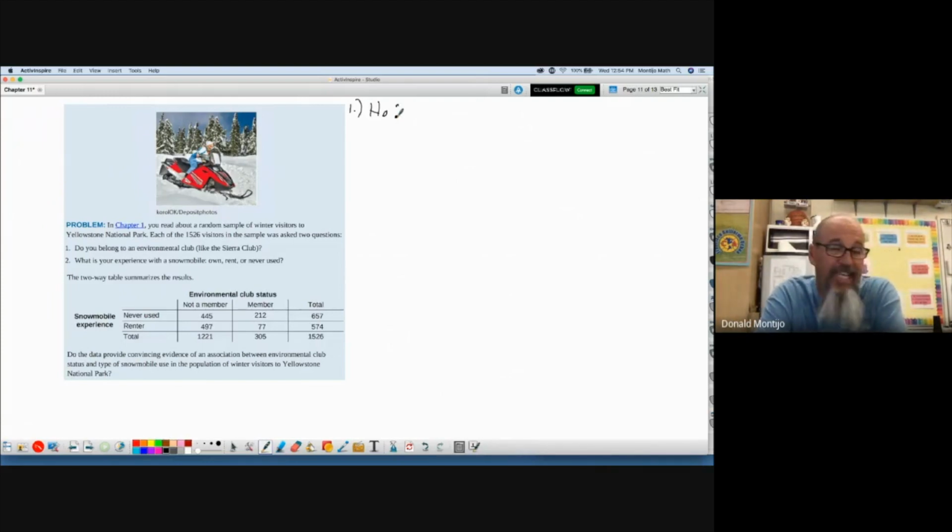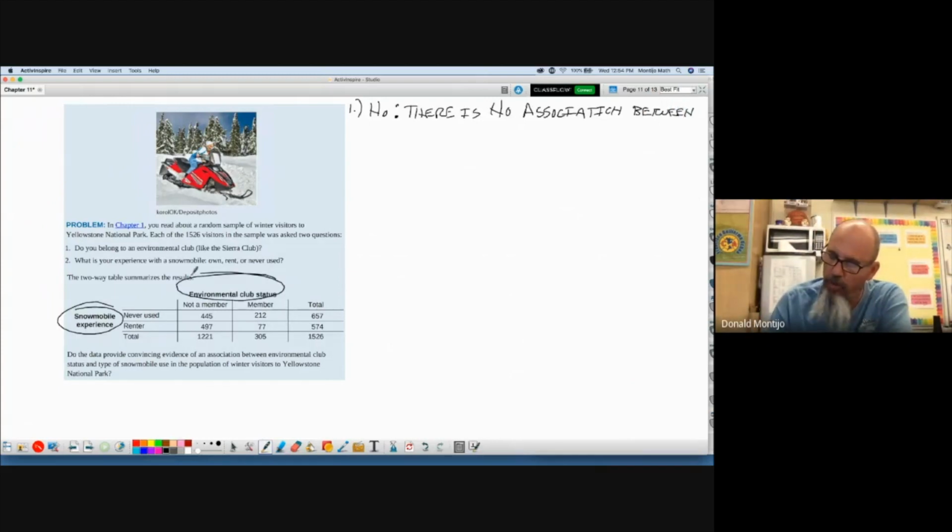So for a test for independence, that means that there is no association. No association between what? There's no association between the 2 row and column variables. So there's no association between environmental club status and snowmobile experience.